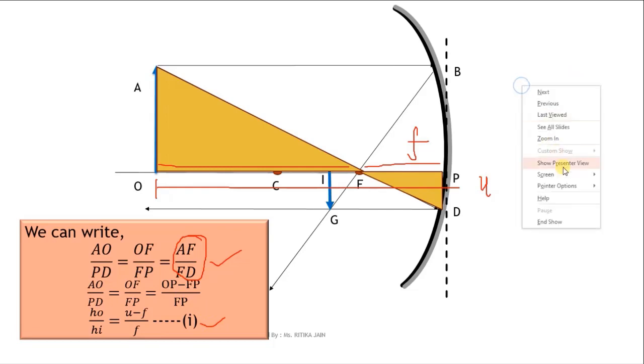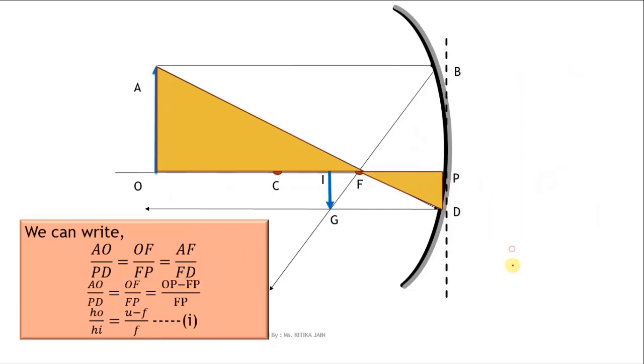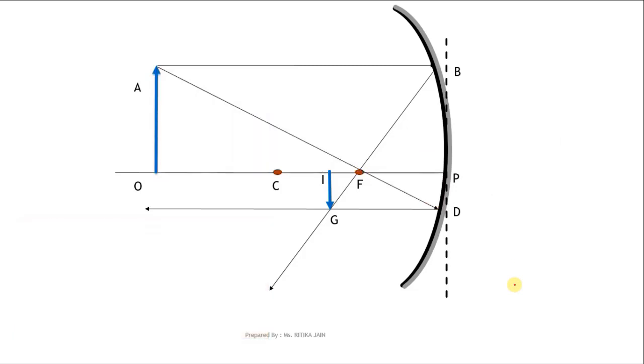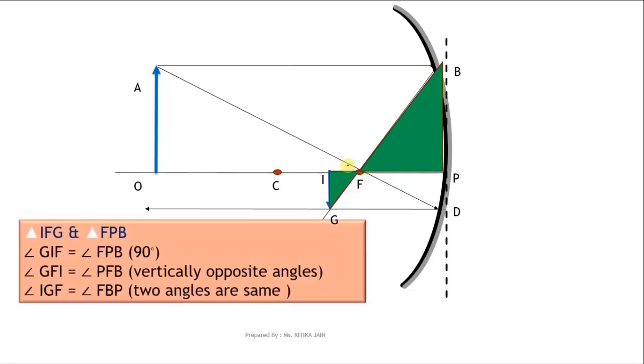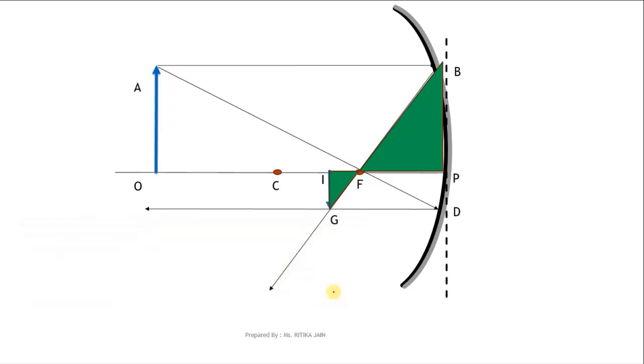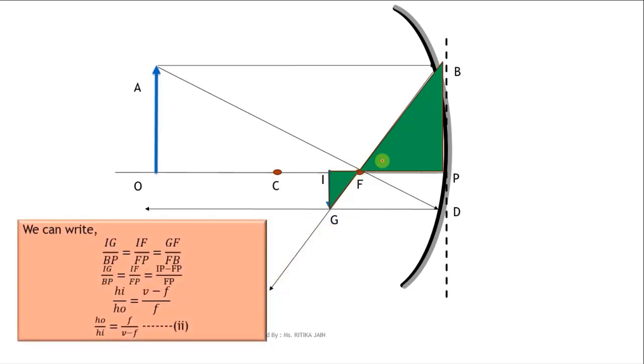But this will not solve my purpose, so I will need two more triangles. These two will be the new triangles. Again I will follow the same method: prove these two triangles similar, and deduce a relationship between their sides.